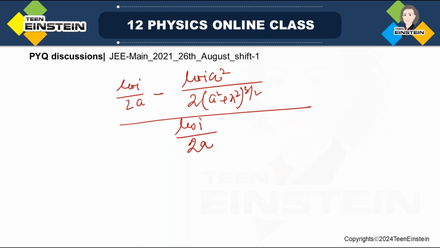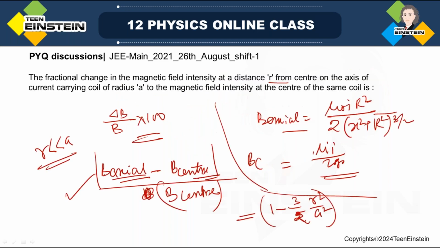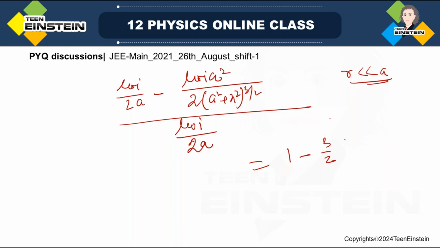You simply simplify this formula, putting r much less than a. This will give you nearly 1 minus 3 by 2 r square by a square. So this is the answer for this question.